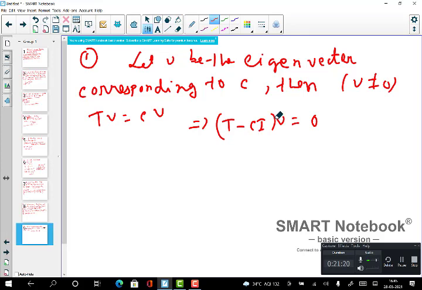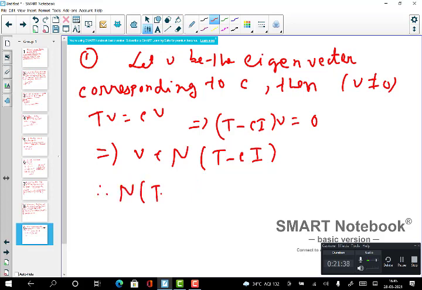So what does that mean? V belongs to the null space, or the kernel, of that operator. That means the null space of T minus C I is non-trivial. It's not equal to 0. Zero is always there, but you have a non-zero vector also.